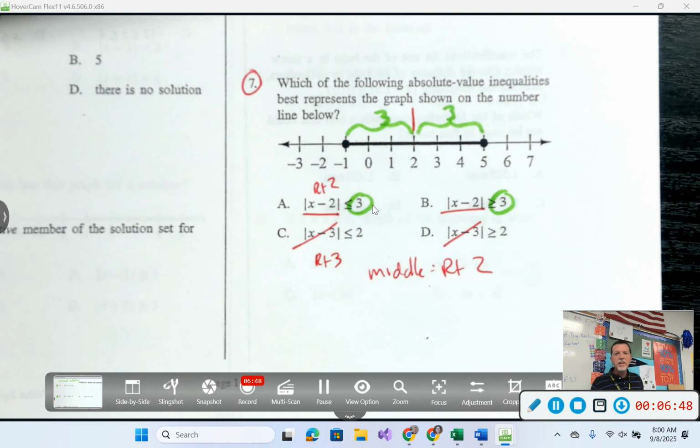Then we're still looking at A or B. What's the difference between A and B? Yeah, are we less than or greater than? I almost did my hand motions with it, but that would have given away the answer. So, using what you know about what less than usually ends up looking like and greater than usually ends up looking like, do you think it's A or B? A. Because the less than is the and, you end up with an overlap.